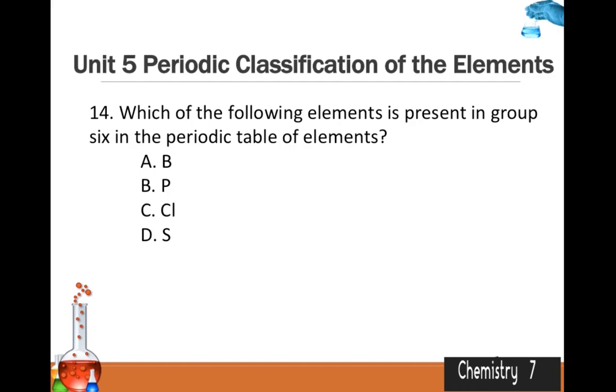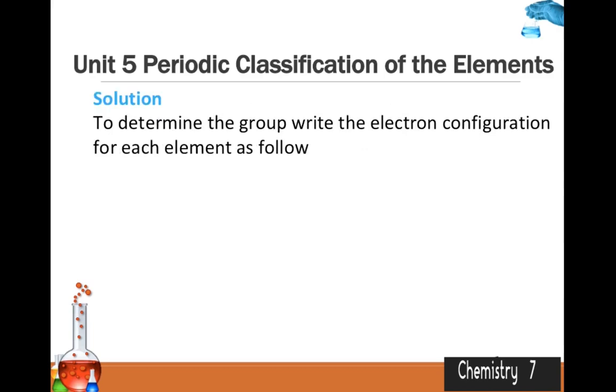Which of the following elements is present in group 6 in the periodic table of elements? Boron, phosphorus, chlorine, or sulfur? To determine the group, write the electron configuration for each element.